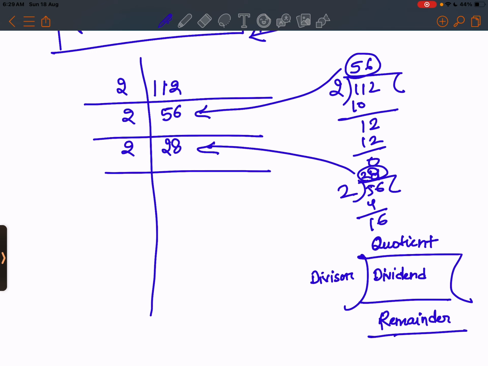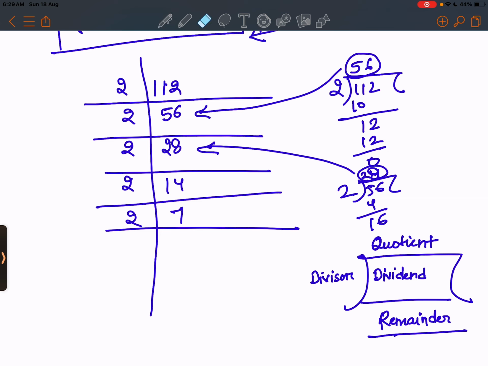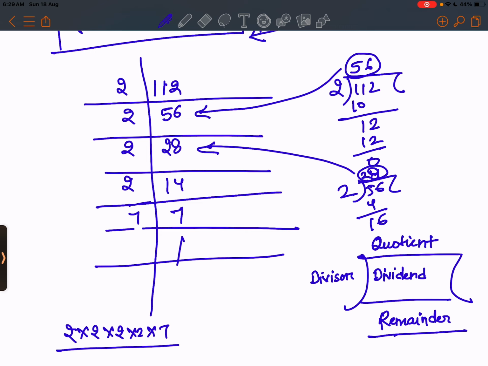Now further we divide in similar fashion, we get 14. In similar fashion we divide, we get 7, and 7 is completely divisible by 7 only. So the prime factorization would be 2 into 2 into 2 into 2 into 7. So this would be the prime factorization of 112.